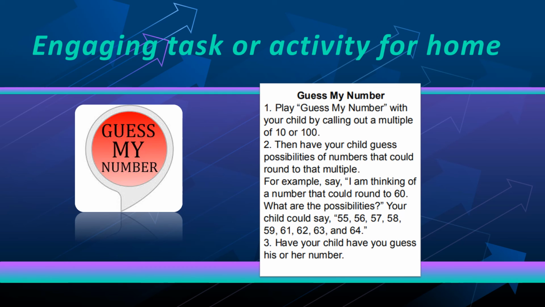They know that it would have to be 55 or greater, or it would have to be 64 or lower. So the student would make good guesses, and then eventually the parent would say, you have my number. You could repeat this activity by using rounding to 100 or 3-digit numbers rounding to 10.